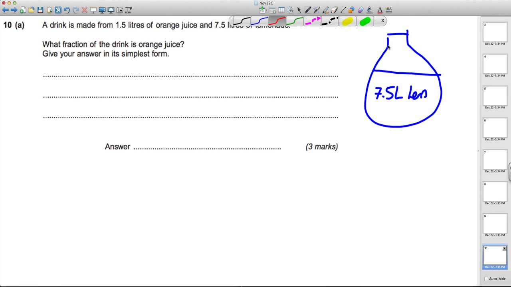What fraction of the drink is made of orange juice? Well, the fraction must be 1.5 out of 9. Now, a lot of people write 1.5 out of 7.5. It's not, it's 1.5 out of the total, which is 9.